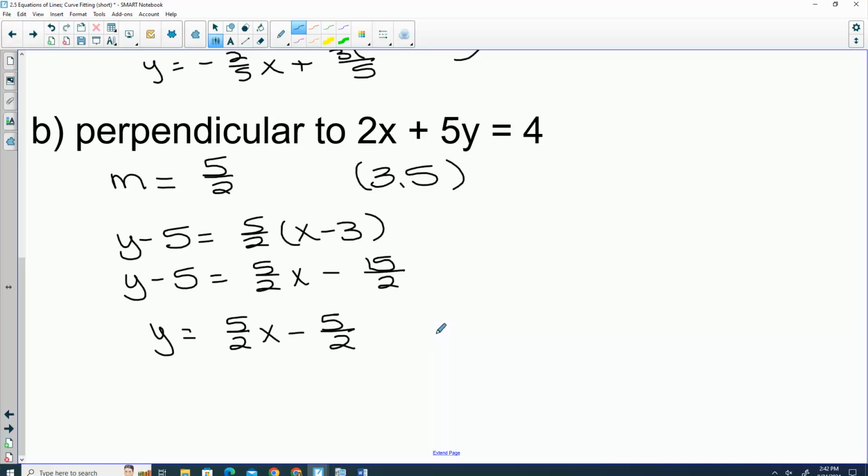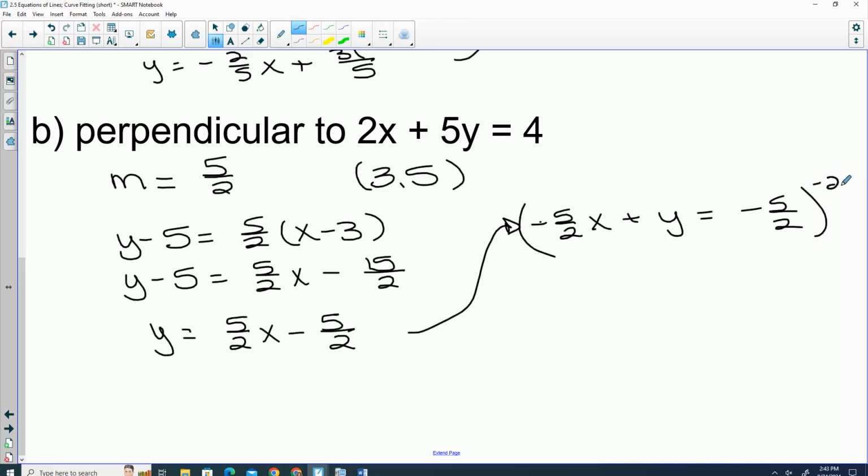If this had to be in standard form, what would we do? Subtract over the 5/2 x. Then what would we have to multiply by? 2. But also in standard form, x has to be positive, so we could multiply by negative 2.